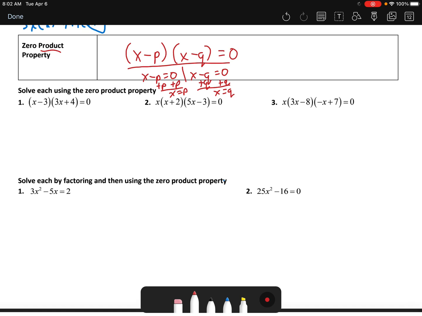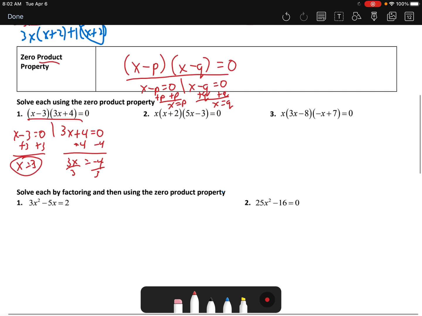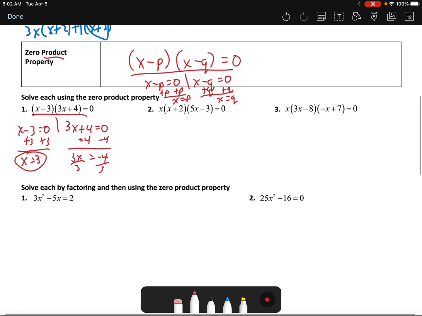So on number 1, all we do is simply set each part equal to 0 and solve. Add 3, you get 3. Subtract 4, and again, I tell my students that if you don't need to show all of this work, by all means, do not. If you can just look at the problem and know what the x is, then do it, okay?